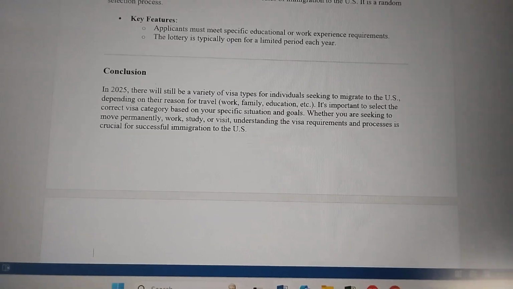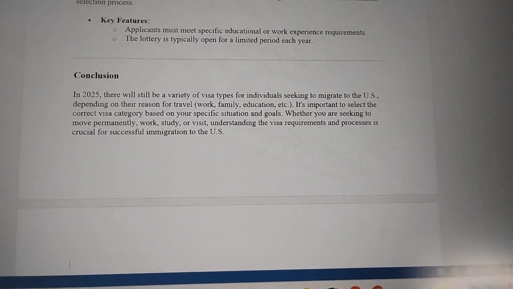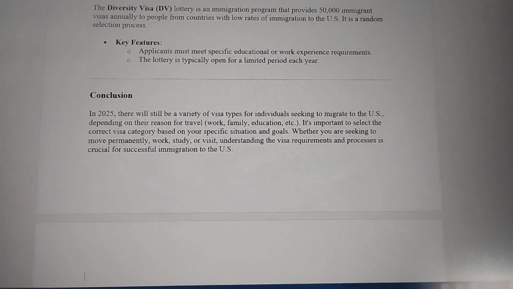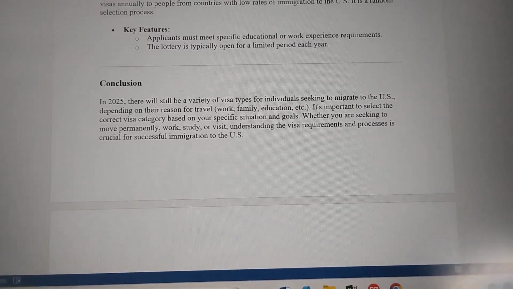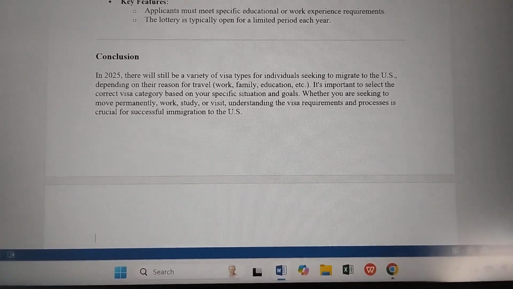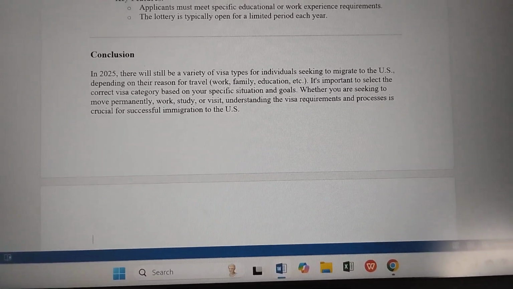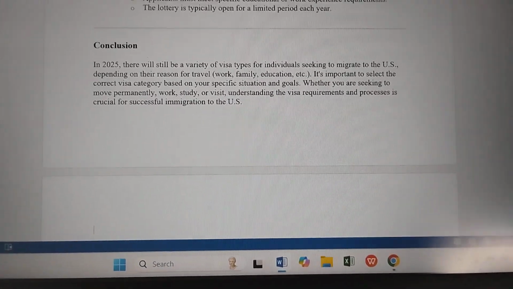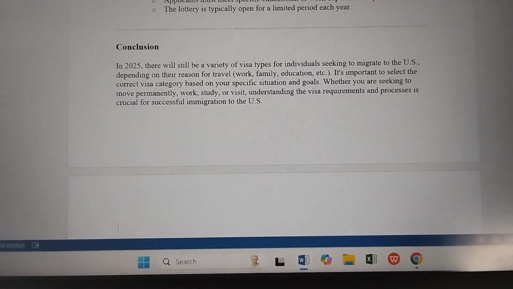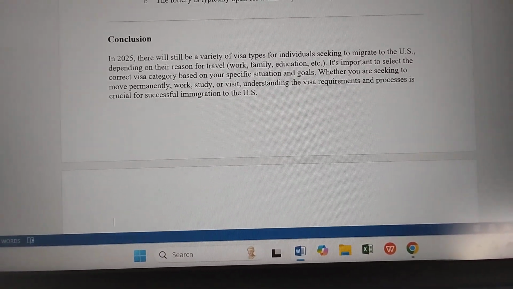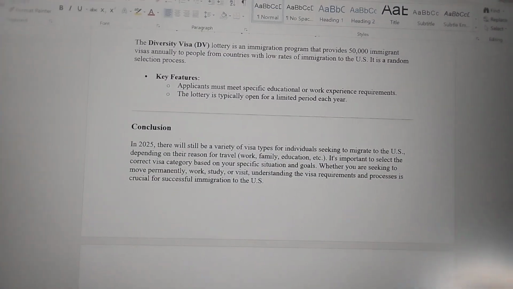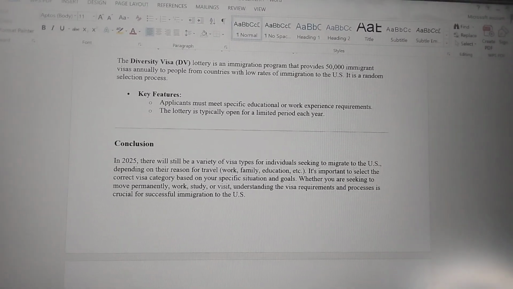And that is why I said that I'll be doing another type of video on each and every one of these types of visas, explaining the eligibility, the requirements of that particular visa, the duration of that particular visa, how long that particular visa takes, what processes are involved, the pros and the cons of those types of visa, and telling you also whether those visas are immigrant visas, meaning they can allow you to relocate to the United States, or are they non-immigrant visas, or are they employment-based visas?